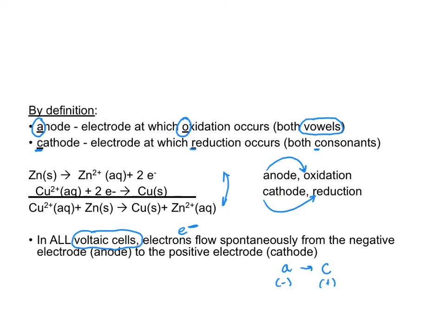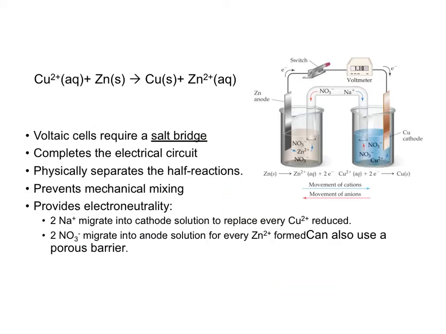That's another way to help you remember what's happening in this section. Moving a little further, there are some things to say about something called a salt bridge. The salt bridge is a U-shaped tube that separates those two half-cell reactions. We need it because it completes the electrical circuit.